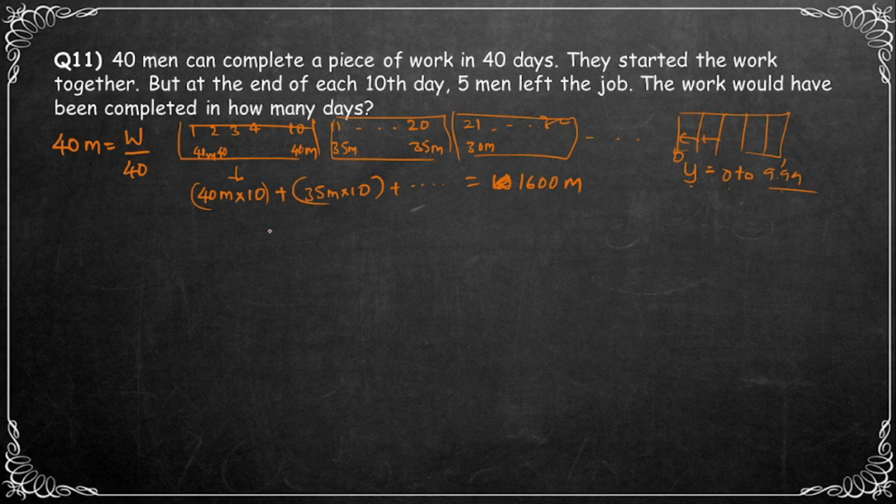So if we write that, M is common on both sides, even in the last term M will come. Now 40 men working for 10 days plus 35 men working for 10 days, it goes on like that. We have to achieve 1600, right? Now let us say for n complete cycles they have worked.